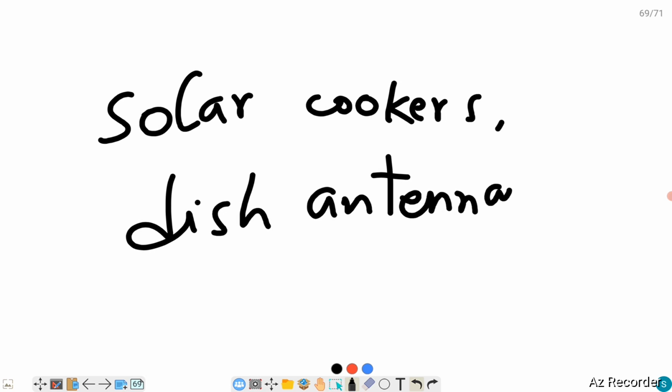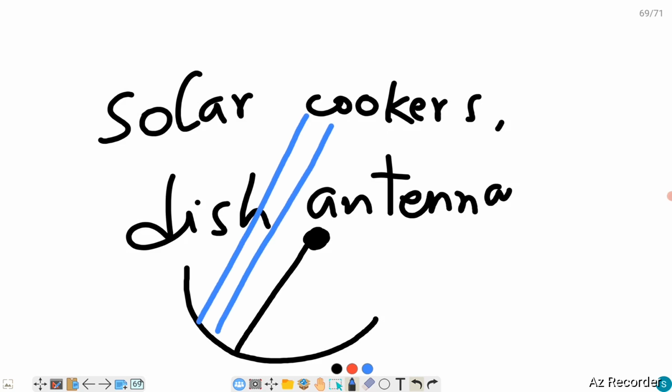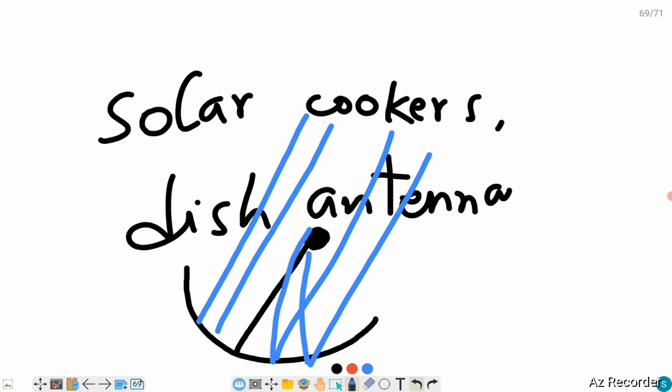So if you observe this dish antenna, how will it be? It will be like this, concave, and the antenna will be here. So from the satellite, the rays will be falling on this parallelly, and they will be meeting at this point. That's why they take this as the shape for the antennas.